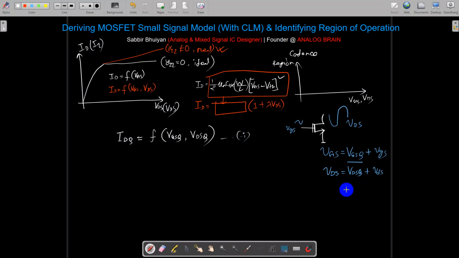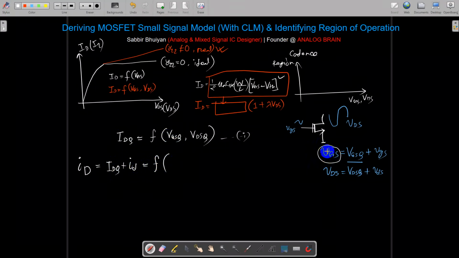Okay, nice. So now let's think about the total effect. Our total effect will be a small i_D. It means I_DQ, this one, plus your small signal current produced by this small signal voltage variation, and this will be a function of what?